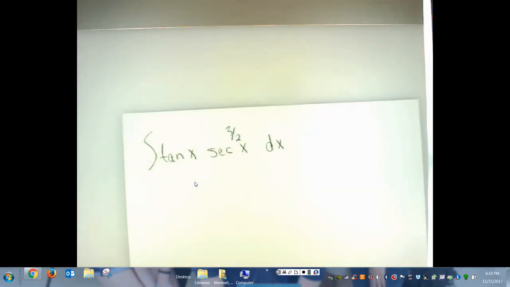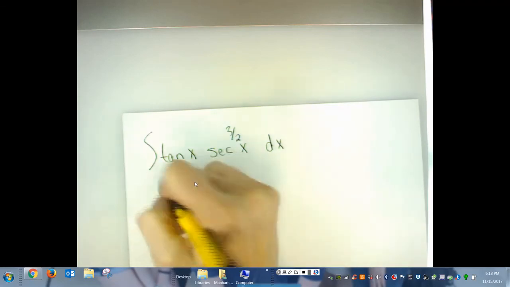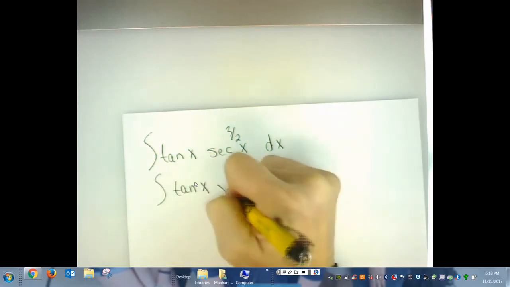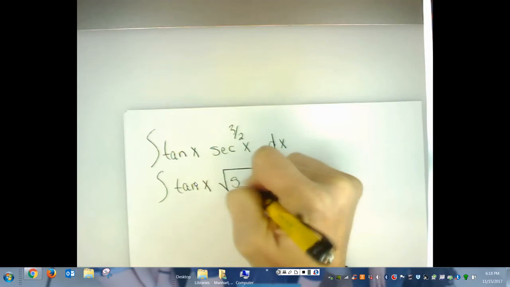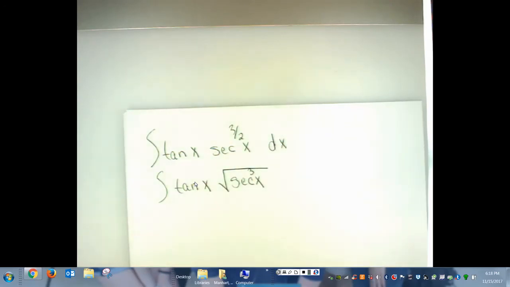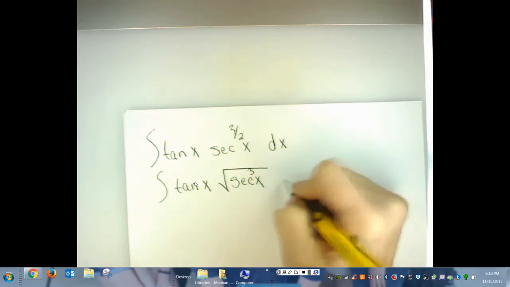I think it would be helpful for you to know that this is the tangent of x times the square root of secant x cubed, dx. Oh, forgot my dx.